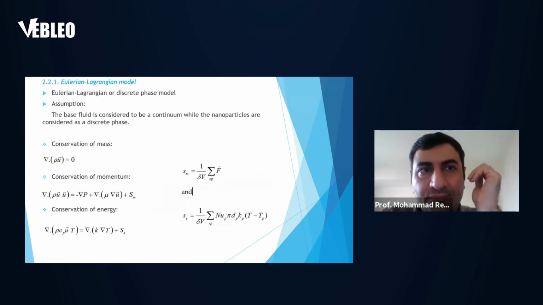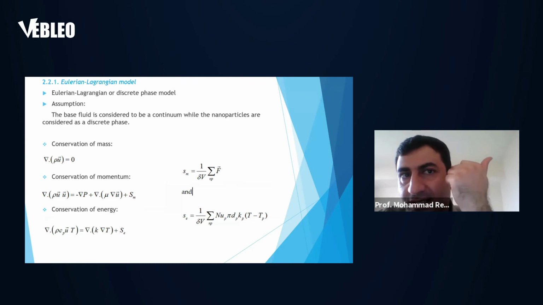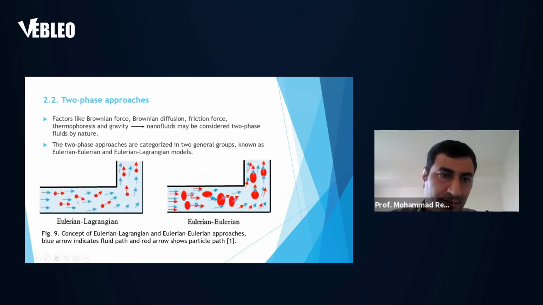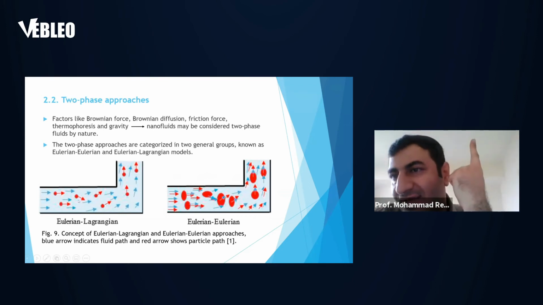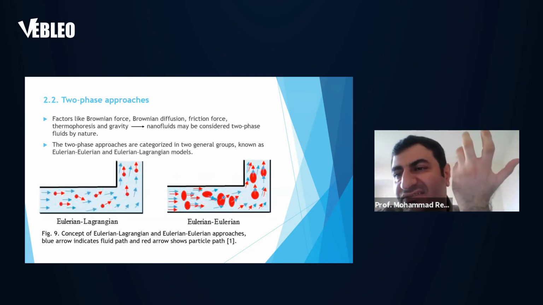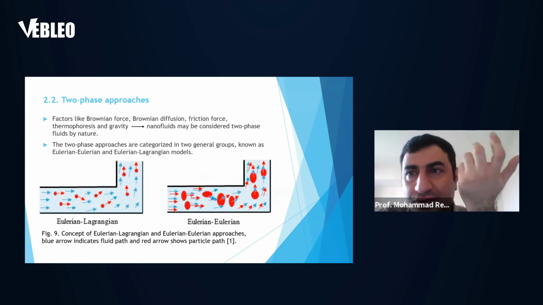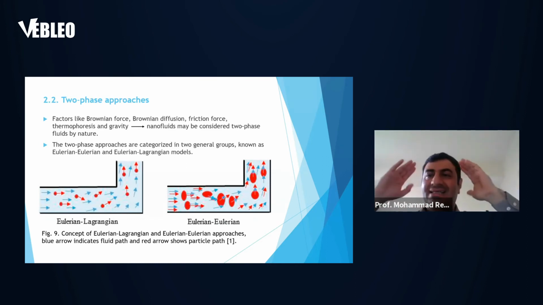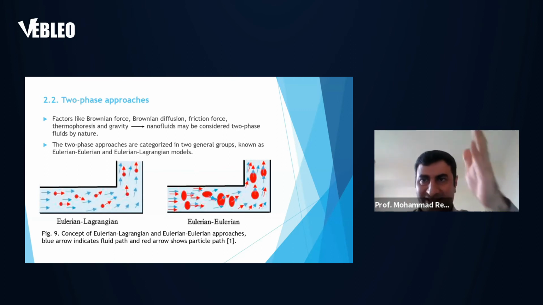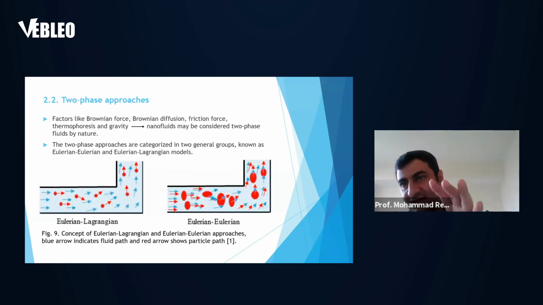For the Eulerian-Lagrangian model, there is just one model that we can use for nanofluid modeling. They call it Eulerian-Lagrangian, or DPM, discrete phase model. As I told you, for this one, we consider that the fluid just flows as a continuum medium, and we inject the particles inside it.